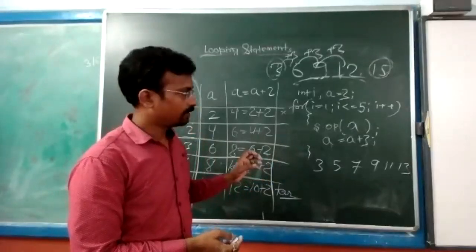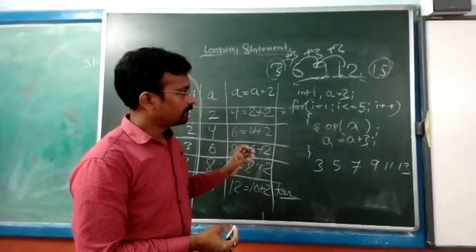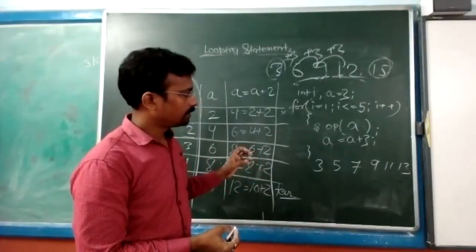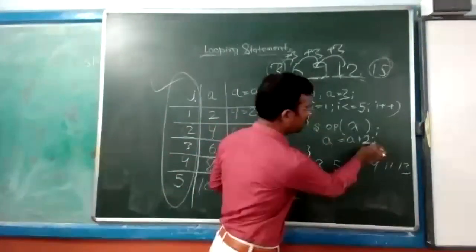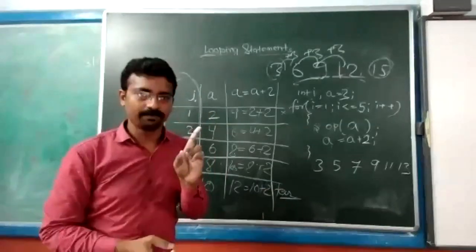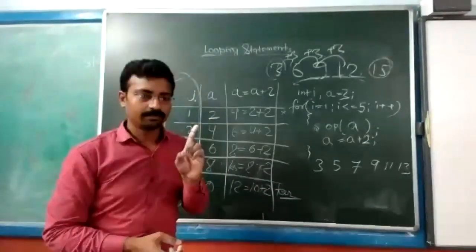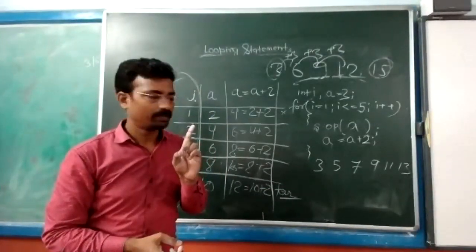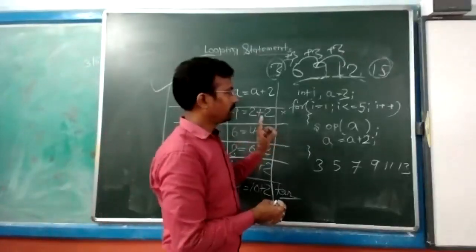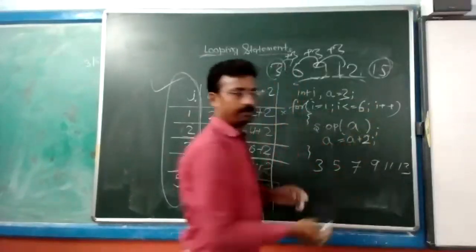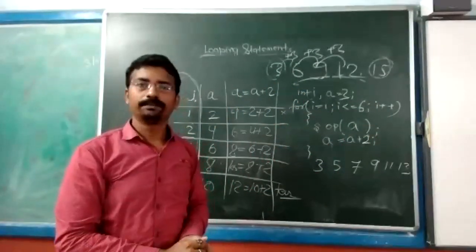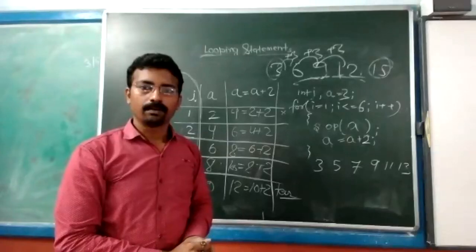And sir, after System.out.println, where a equals a plus 3, we have to write a equals a plus 2. Very good. And is there any one more change? See carefully the result. Sir, the condition is i greater than or equal to 6. Good, plus this one. Yes, sir.